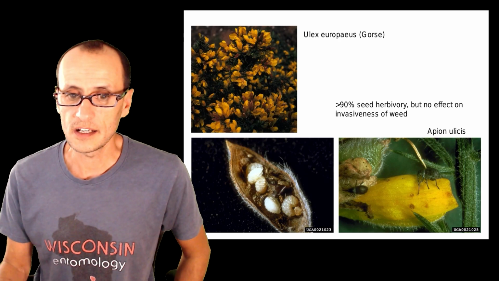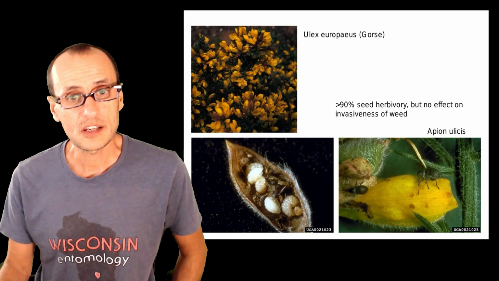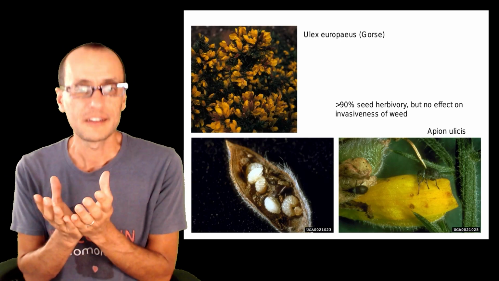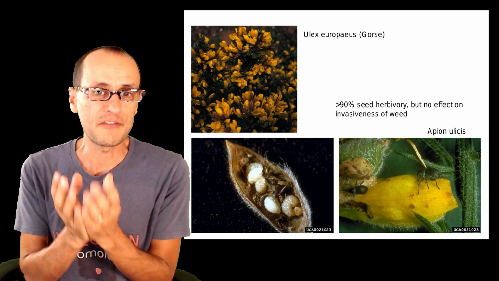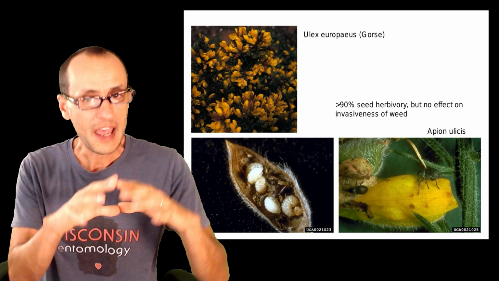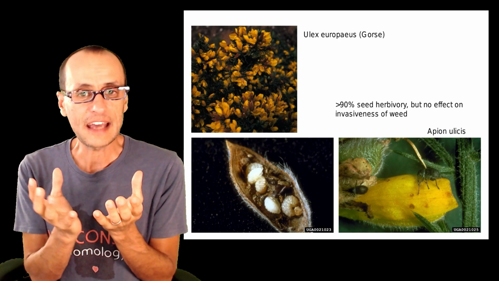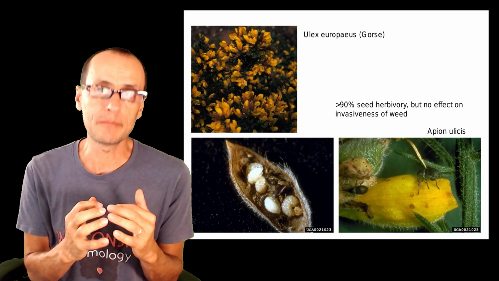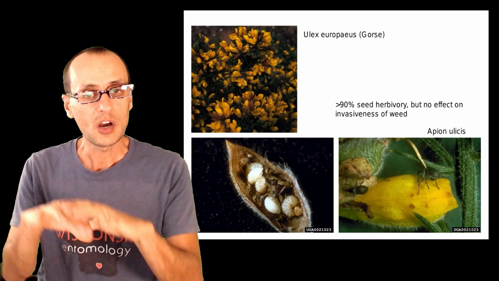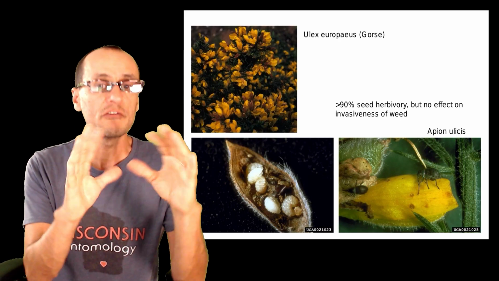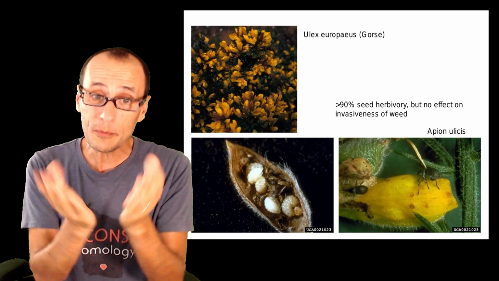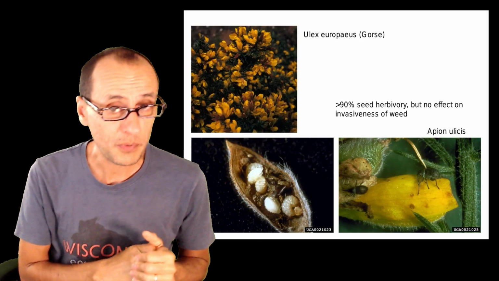One thing that is often obvious when you look at the relationship between a consumer, that is an organism that feeds on a resource, and its resource, is that the consumers can often have a big impact on the abundance of their resources, whether the consumer is a predator feeding on an herbivore on that plant, or whether the consumer is an herbivore feeding on its host plant.